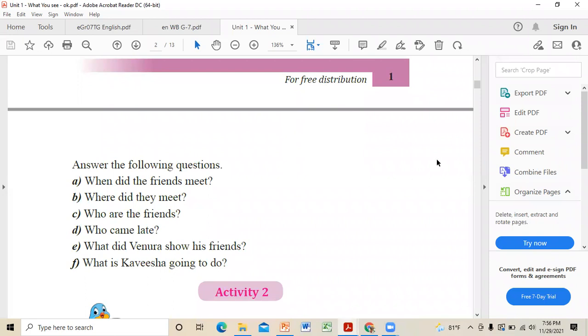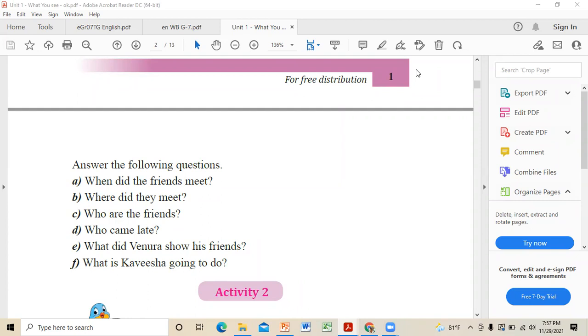Who came late? Okay, so if you know the answer, can you raise your hands? Okay, I can see 2 of you have raised your hands.